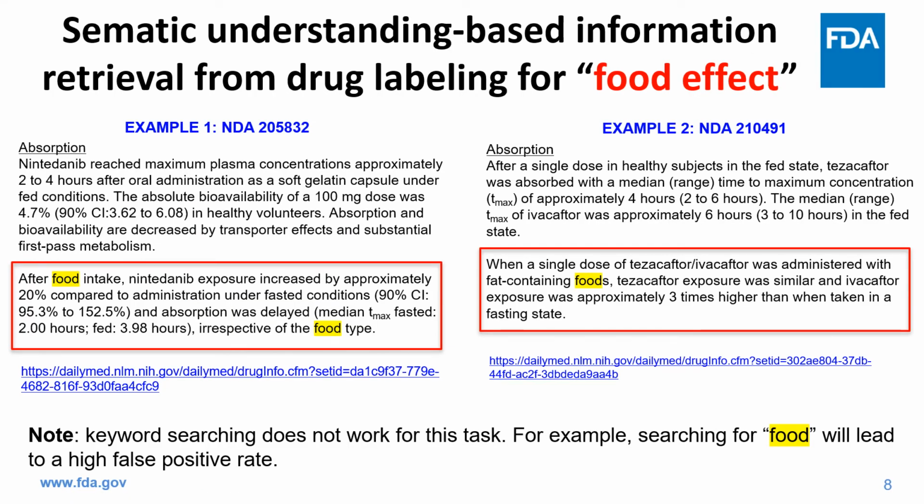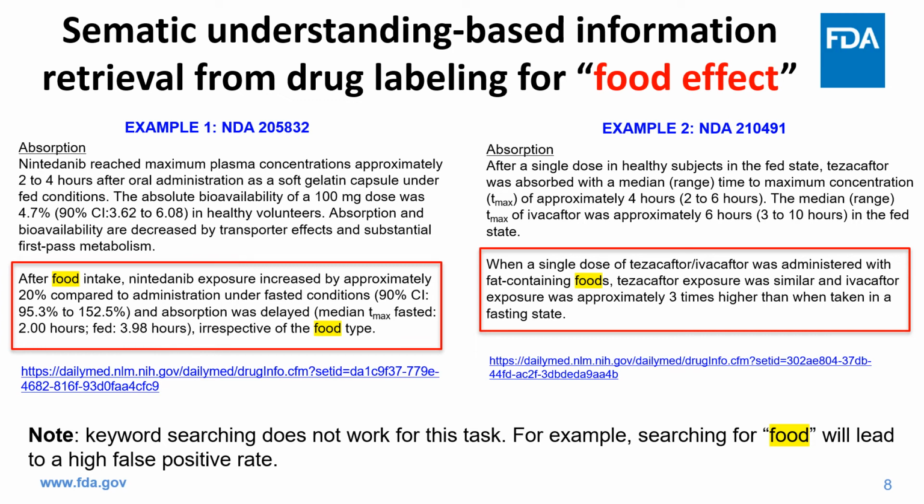For this project, one specific task is to extract paragraphs with ADME information from drug labeling. However, in some drug labeling, keyword searching doesn't work. This is an example of semantic understanding-based information retrieval from drug labeling for food effect. The two labels shown here contain no keyword for the food effect paragraph.